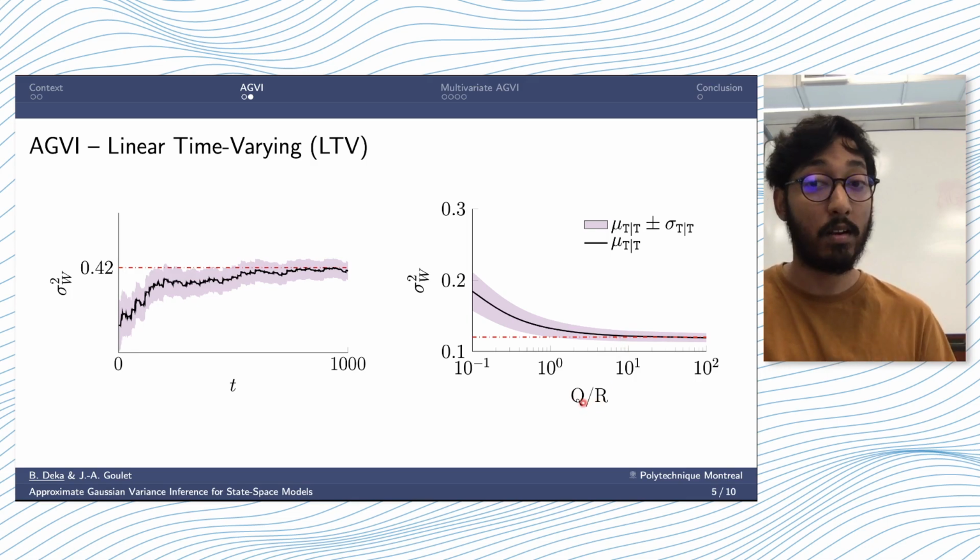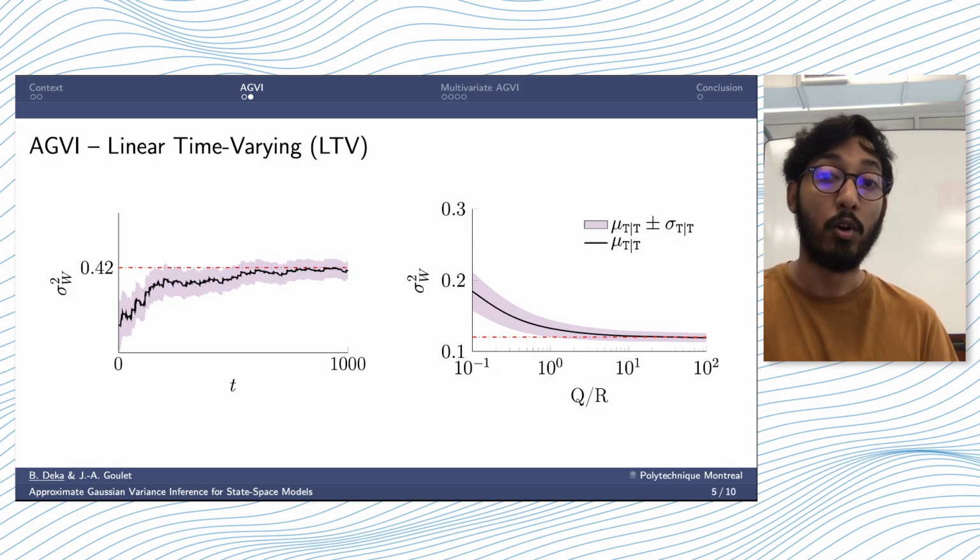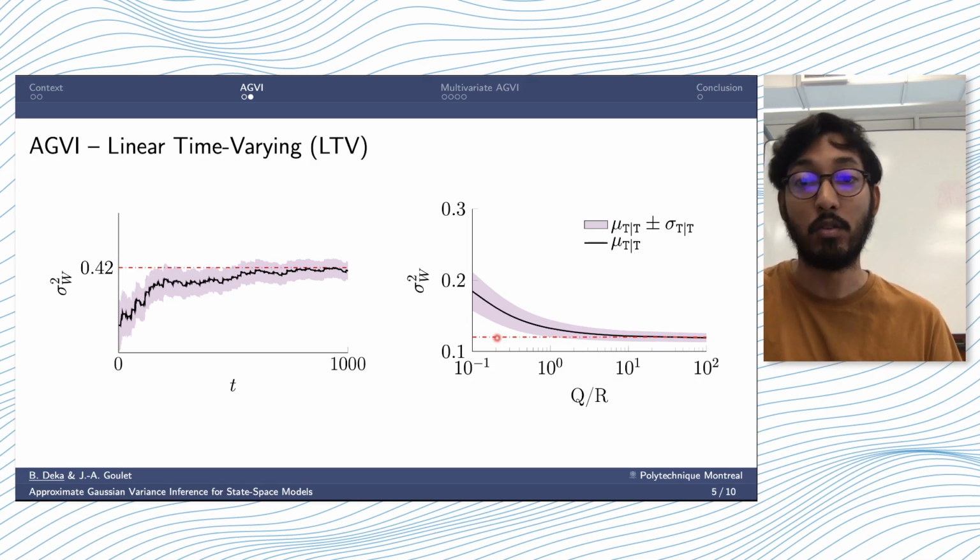Whereas if the Q and R value is smaller, our sigma squared W value can be biased, which is an important inference that we saw from our test using our method. So this is important to consider.